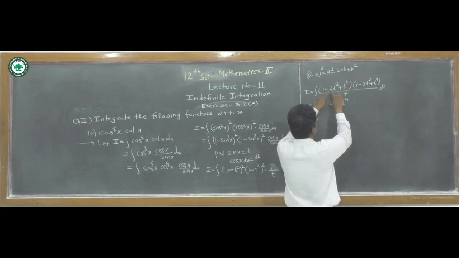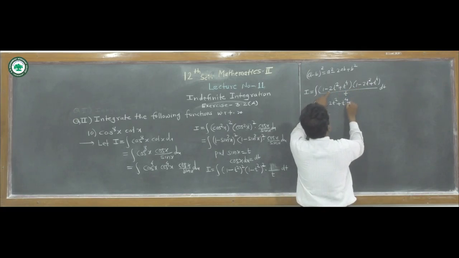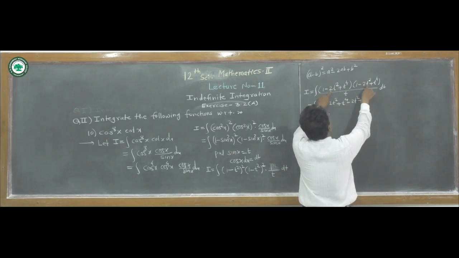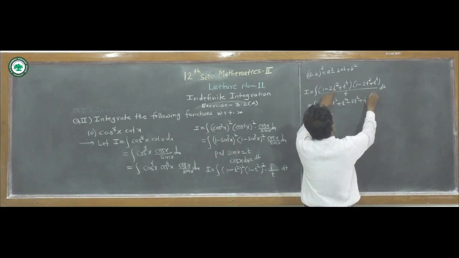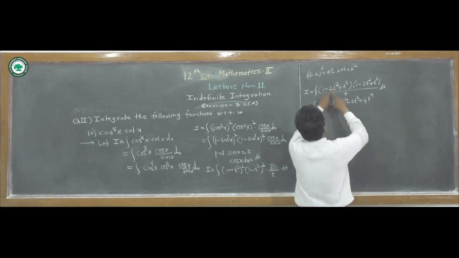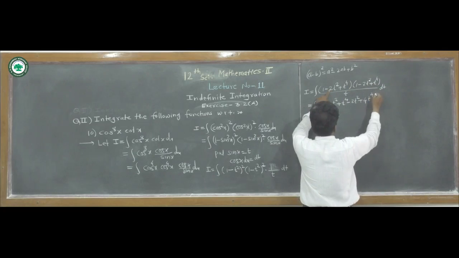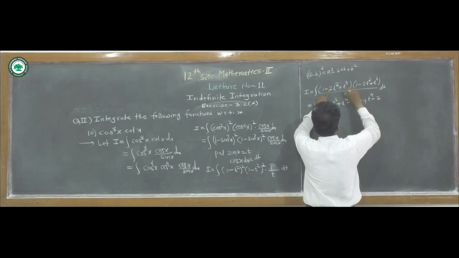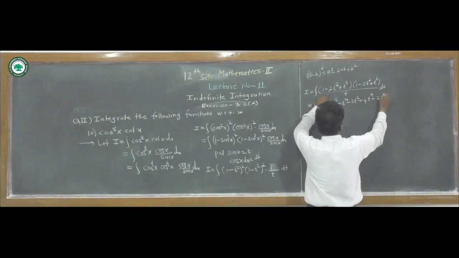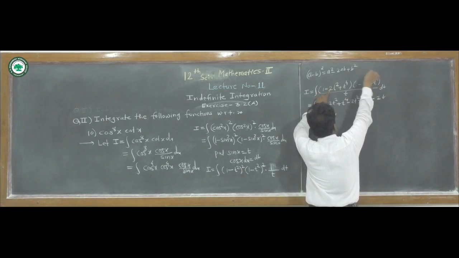That is minus twice t square into 1, it is minus twice t square. Now here minus and minus become plus, 2 into 2 is 4, t square into t square, t to the power 4. Now multiply this minus twice t square to t to the power 4. It is minus 2 and t square into t to the power 4, that is t to the power 2 plus 4.